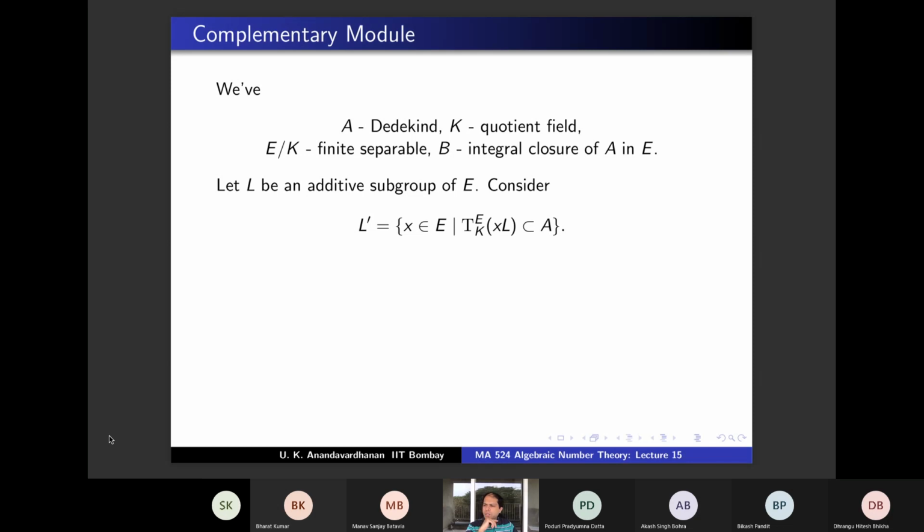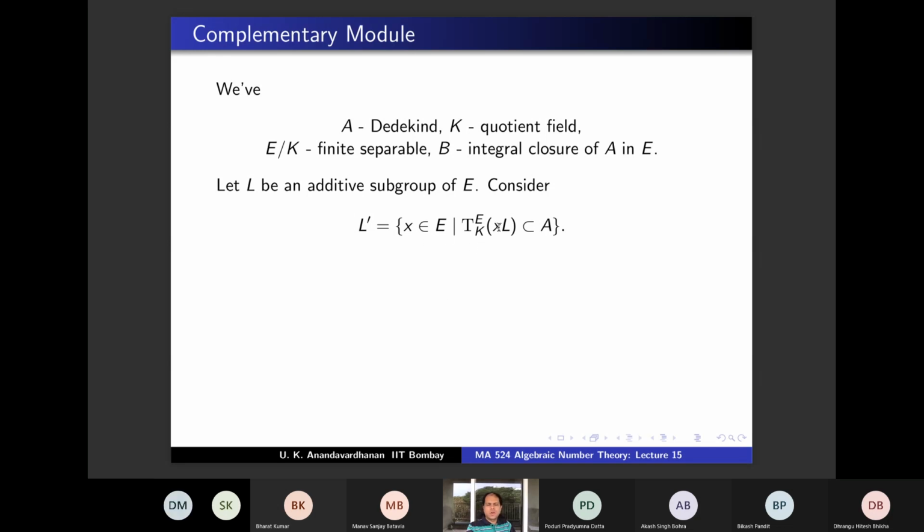This might remind you of fractional ideals, where we defined A inverse. We showed that non-zero fractional ideals form a group and all that. At that time, what was the definition of A inverse? If you have a fractional ideal A, and let us say the quotient field is K, then these were x in K such that xA is contained in A. So this is similar, but I am applying trace.